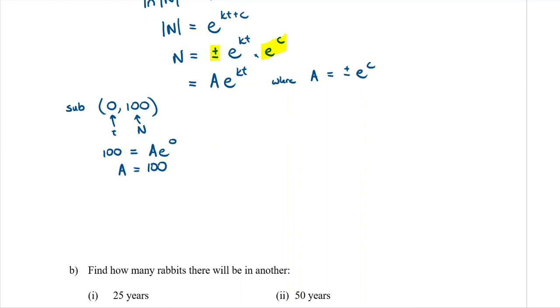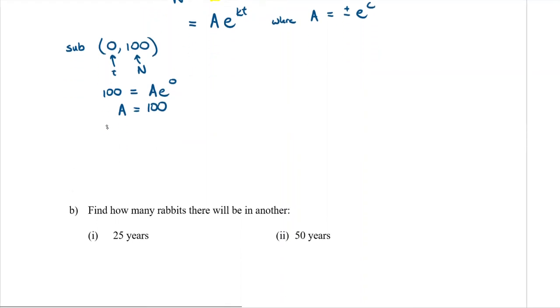But remember, if we do have a different type of equation, it's not always that. We'll see one of those coming up. I won't talk about that yet. All right, so far we have n equals 100 e to the kt, right? That's what we've got in our equation so far. What other bit of information have I been given? The 10,000 rabbits, and that is after how many years have passed? 50 years.